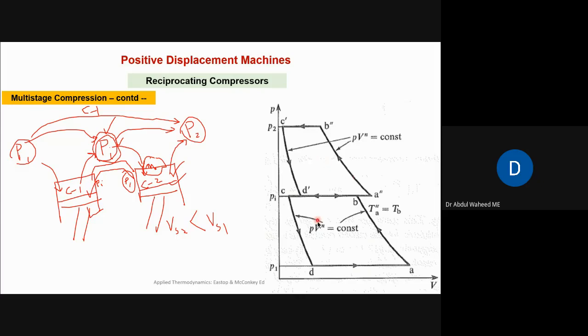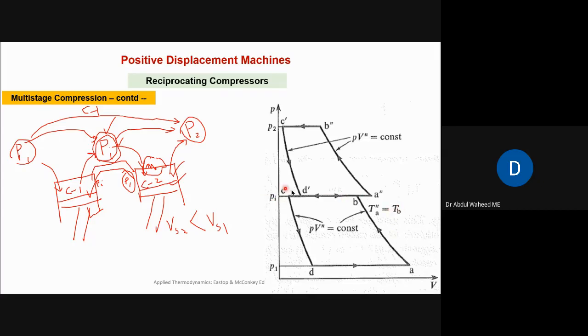यहाँ हमने अभी सिर्फ volumetric efficiency को discuss किया. The second factor was the temperature. Temperature, तो आप देखें, when this fluid which is leaving the low stage compressor, it is entering at a higher temperature. For example, this temperature is TB.